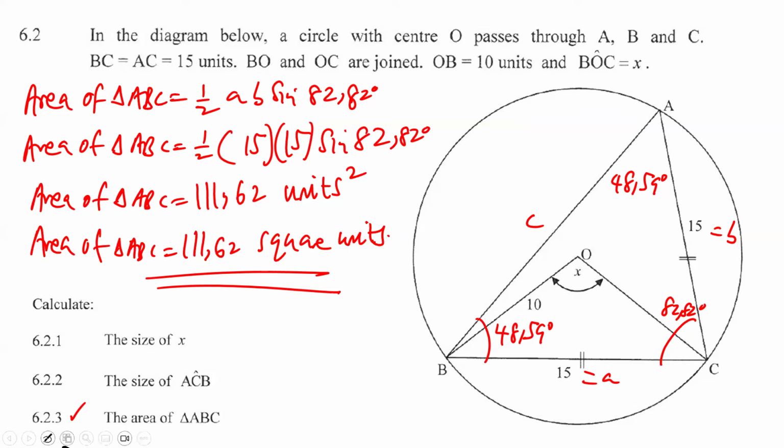So we found therefore the area of the triangle ABC in this question, and we proceed to answer the next one.